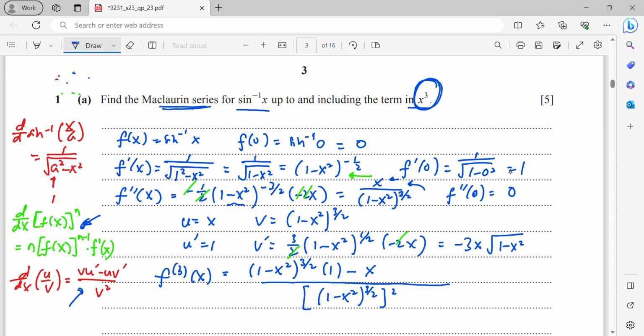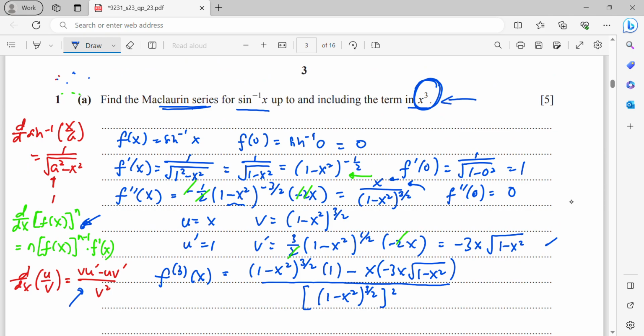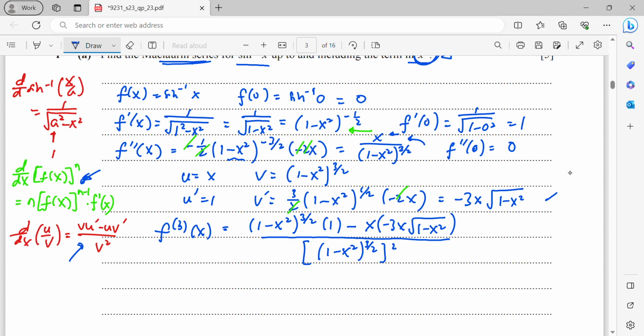U is the x, v prime is this, so negative 3x square root. Alright, so I will leave it in this form because I just need to get the Maclaurin series up to x cubed, which means I just need to differentiate up to third derivative. So after this, I will just let the x be 0.